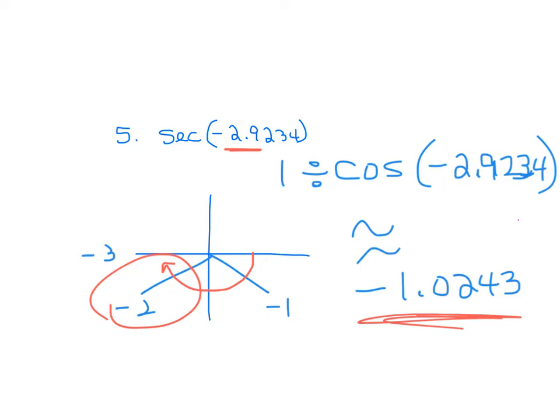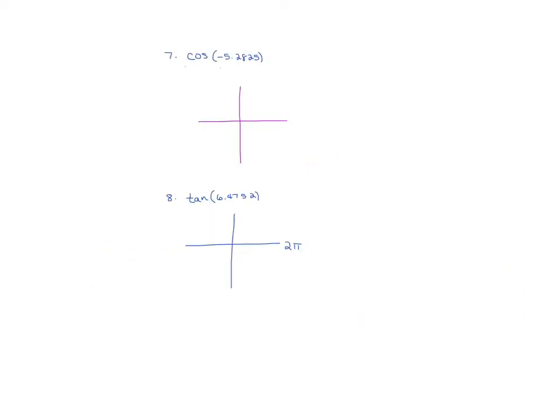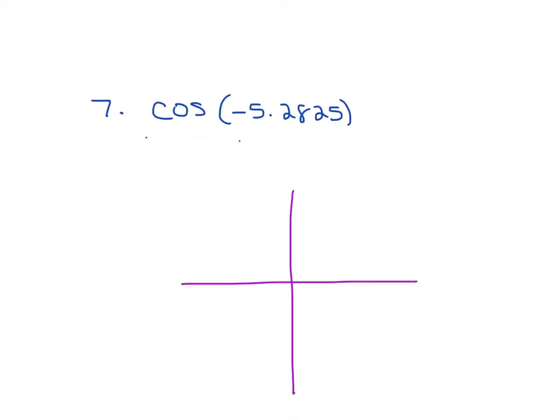Okay, so let's keep going here. 2 more. Both of these are direct calculator, no reciprocals here. So you would touch the cosine button and then negative 5.2825, and you get approximately 0.5397.